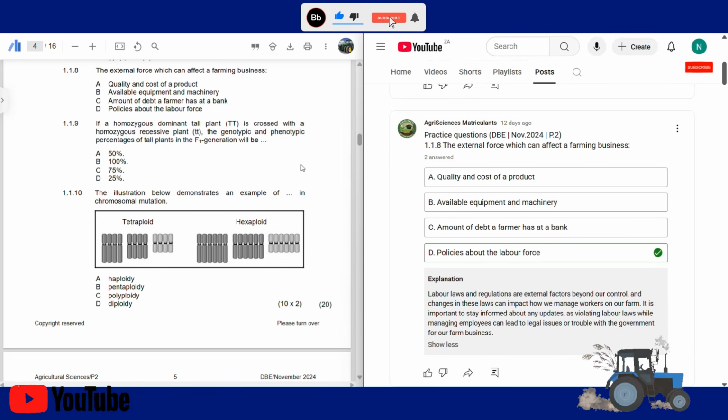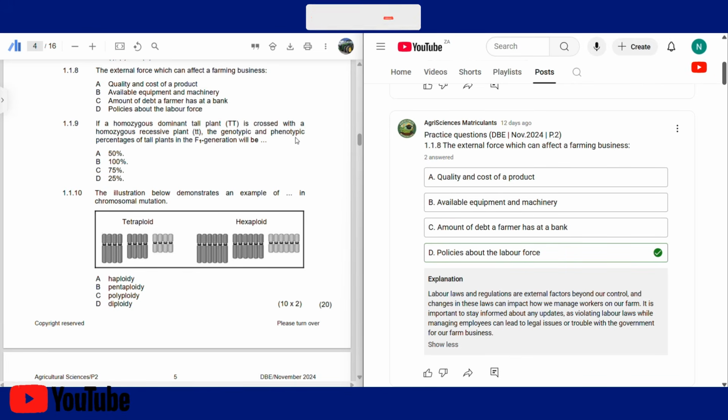That means all the offspring of those parents will have the tall characteristic, will all be tall. Which means the genotypic and phenotypic percentages of tall plants in the F1 generation will be 100%.